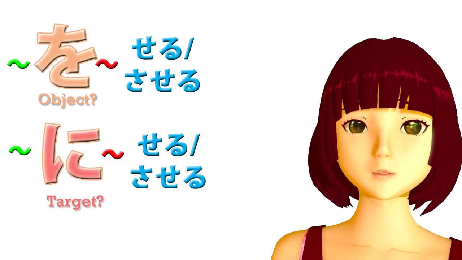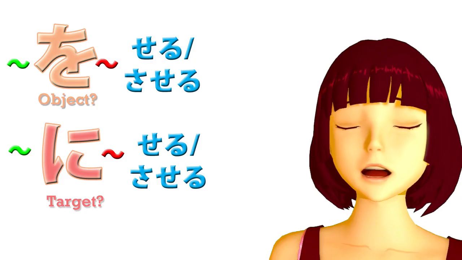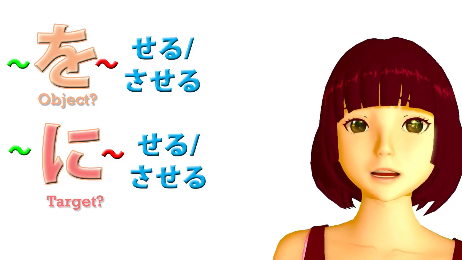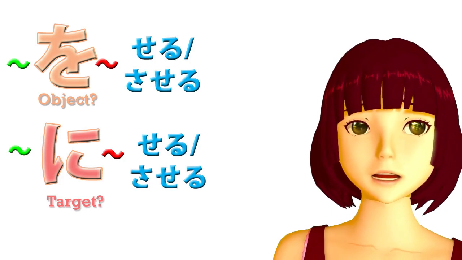However, the choice between ni and o is not the main or an exact indicator of whether we mean allowing or compelling when we use saseru. Why not? There are two reasons for this.